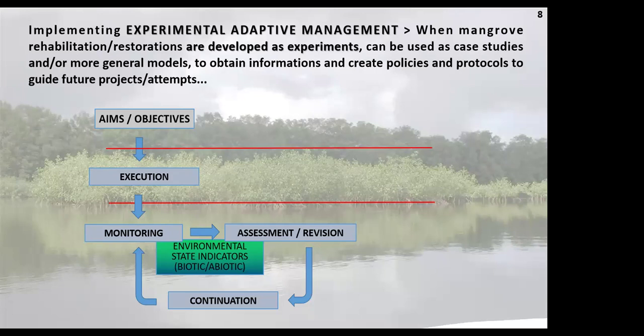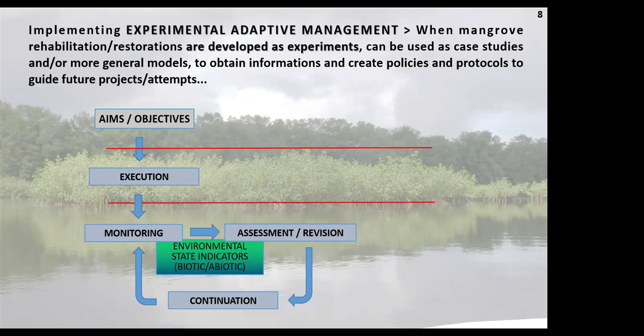It is recognized that it's possible to develop the projects, the restoration or rehabilitation attempts, as experiments. And we can use these experiments, these trials, to establish more general models and to take conclusions and information to set new policies and new protocols to guide future restoration.